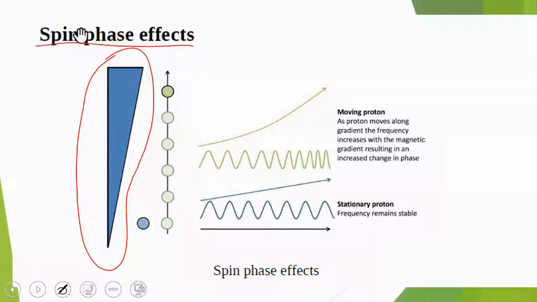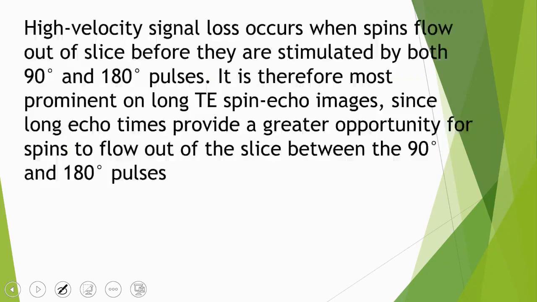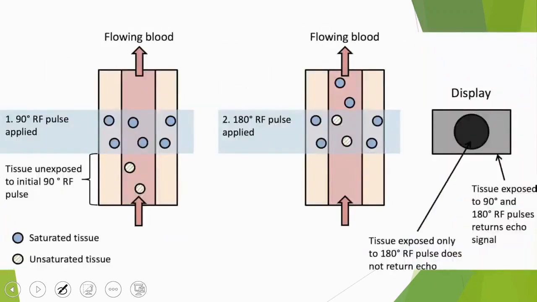You have the spin phase effect and the flow void that I mentioned earlier, which is essentially the movement of the arteries from my slices and the new entry in their place. This affects the spin echo image and makes the blood vessels appear dark. For example, here, in the femoral artery, it appears black due to the same reasons we discussed earlier. This can clarify the topic for you.